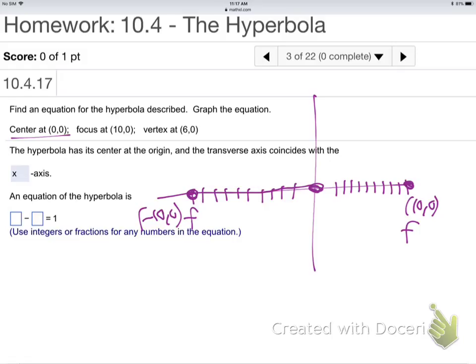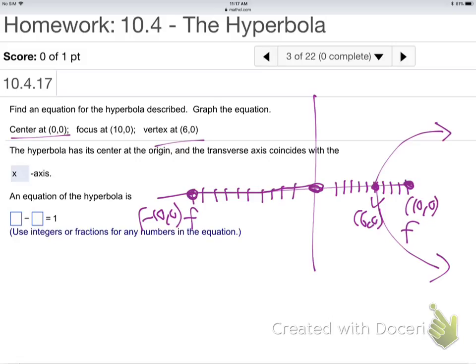And where are the focus points on these graphs always? They're always inside the branches, aren't they? And that continues to be the case. So here they're telling me the vertex is 6, 0. 1, 2, 3, 4, 5, 6, 0. So there's the vertex at 6, 0, which means it goes that way.